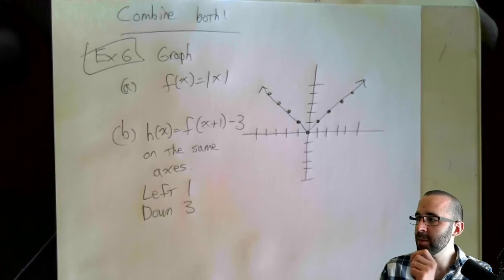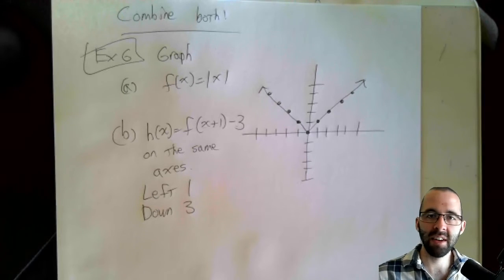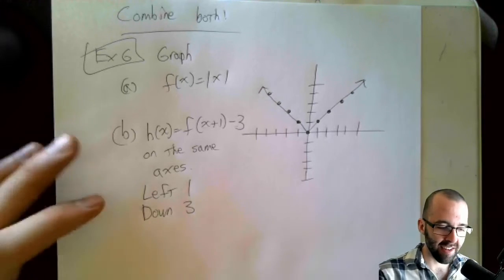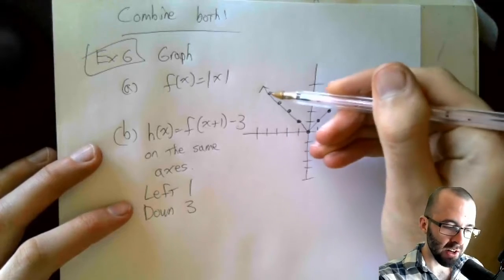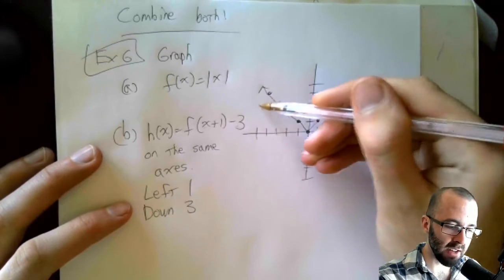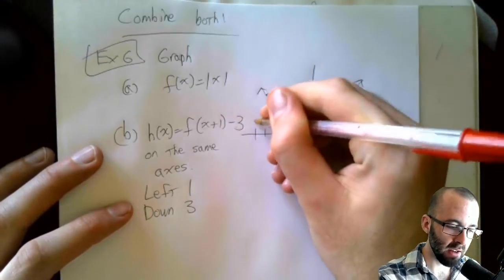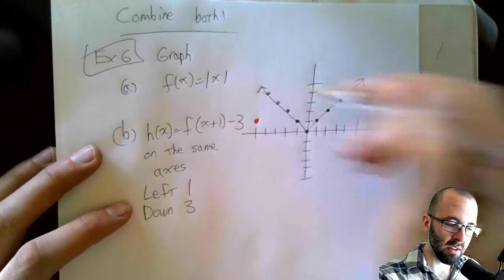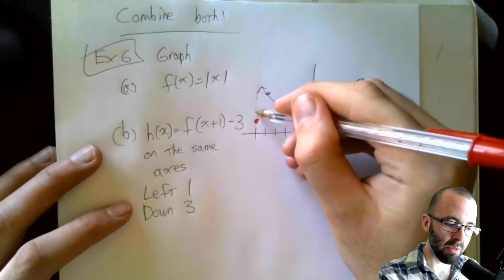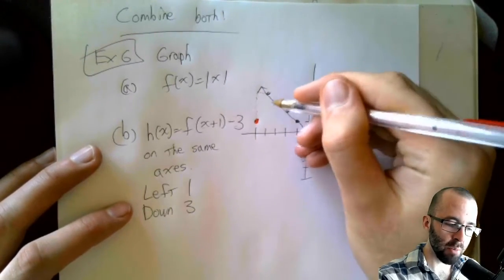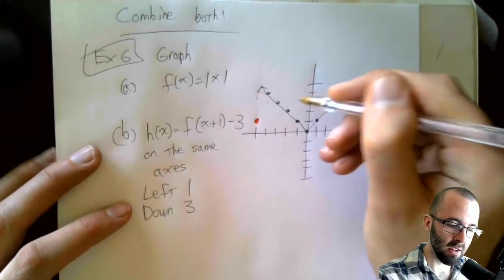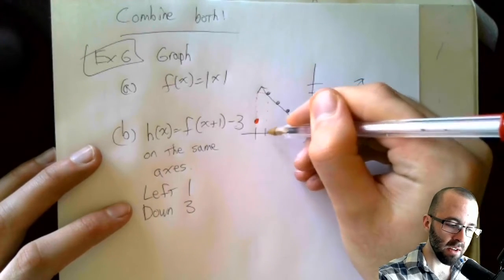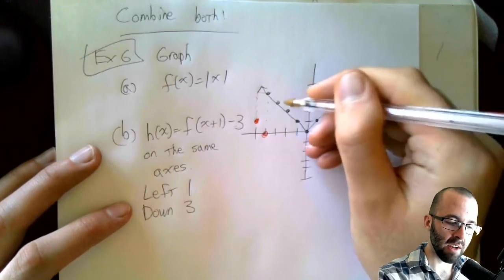We just take every single point and move it left 1 and down 3. So this point goes left 1 and down 3. This point goes left 1 and down 3.